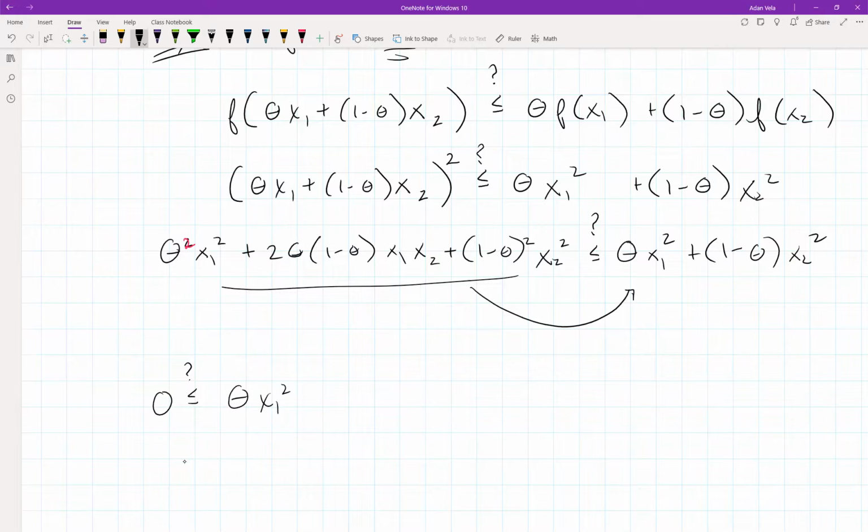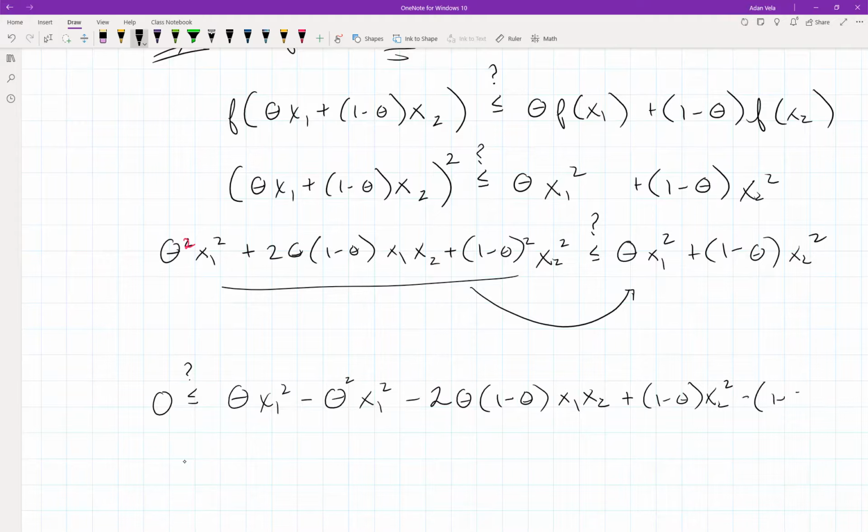So I have x1 squared minus theta squared x1 squared, next we have 2 theta, 1 minus theta, x1 x2, plus 1 minus theta x2 squared, minus 1 minus theta squared x2 squared.